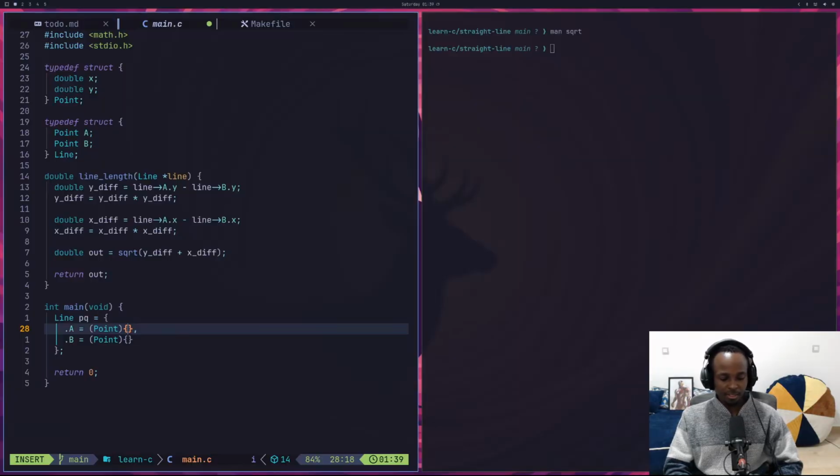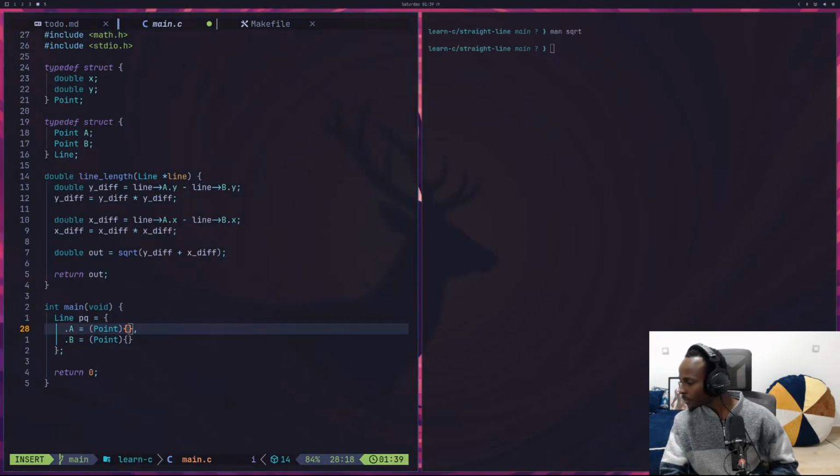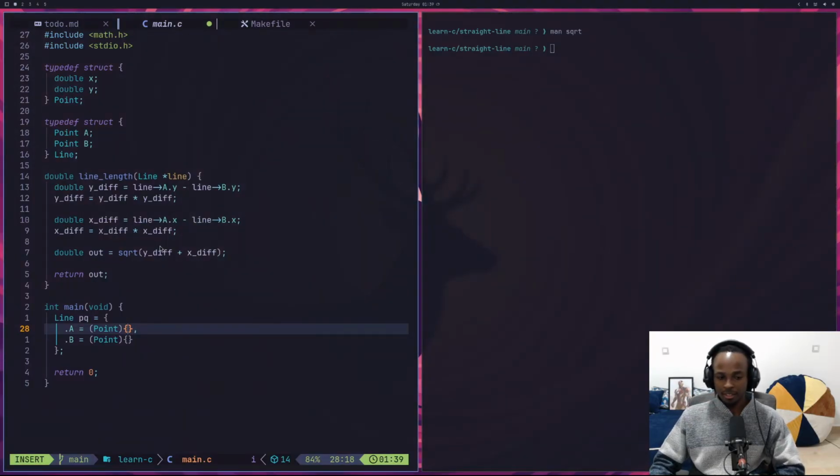Let me try and see what were the coordinates for P and Q in our case. So I'll just take a look. Okay, so in our case, point P was 2, 7.